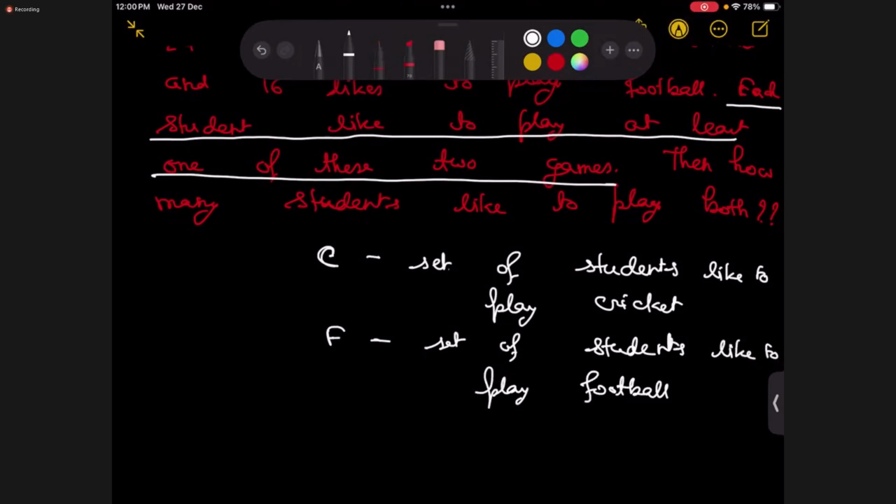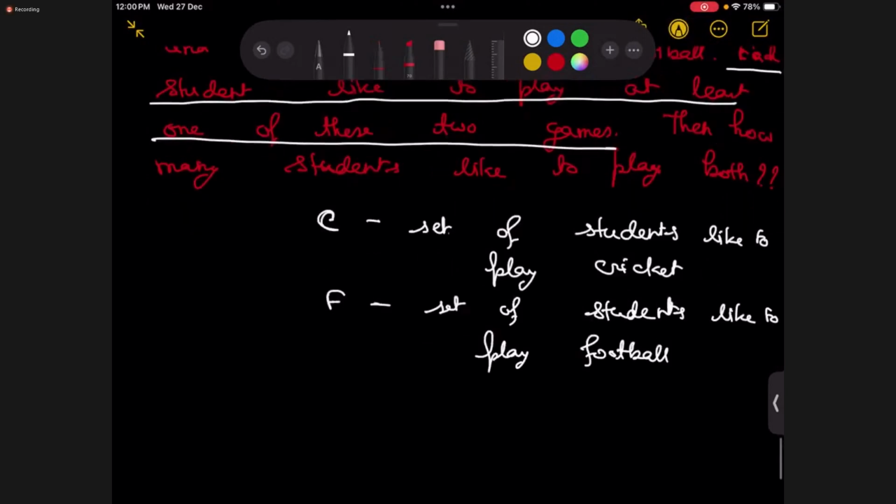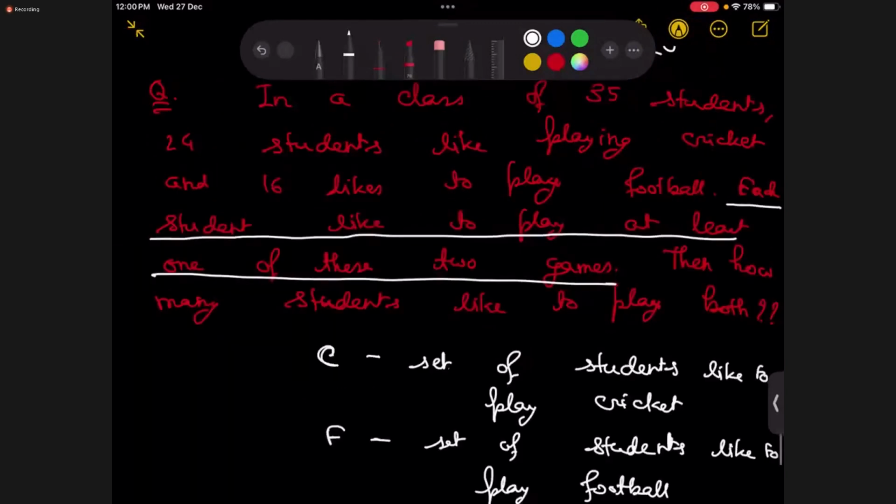What is the cardinality of C? N(C) is 24, sorry, not 28.